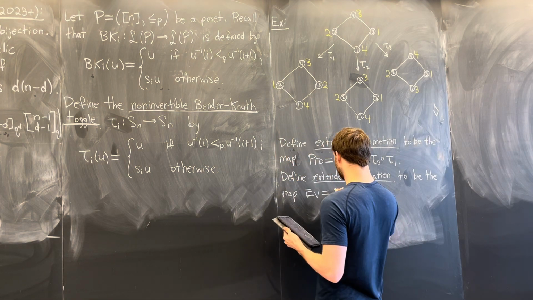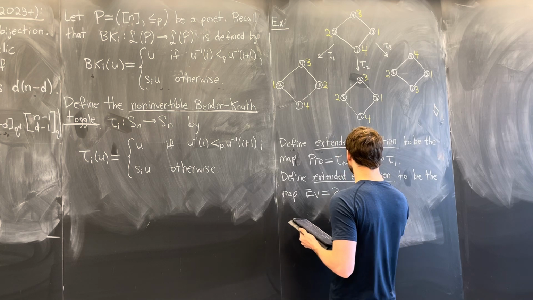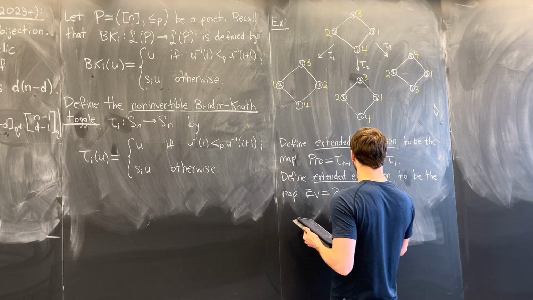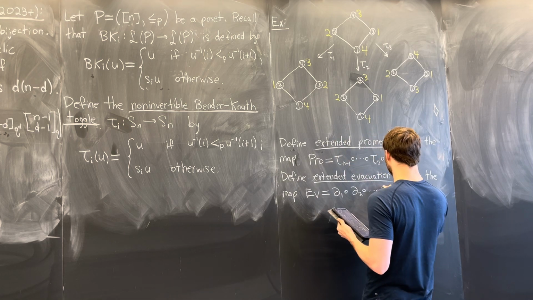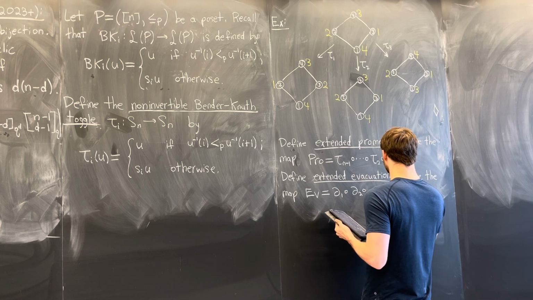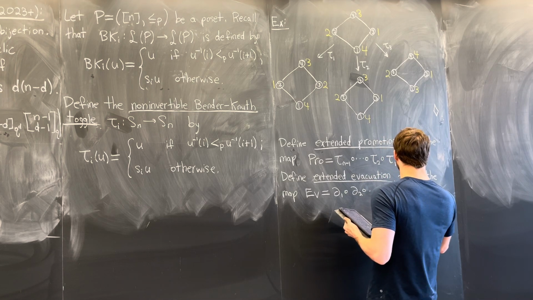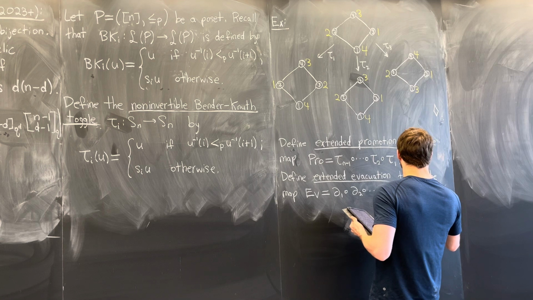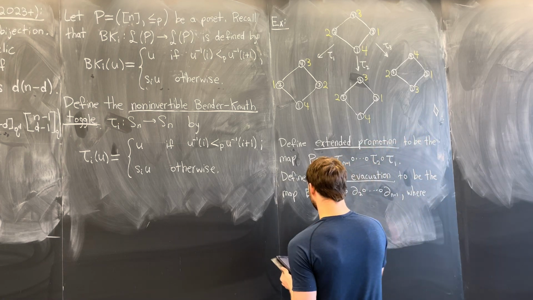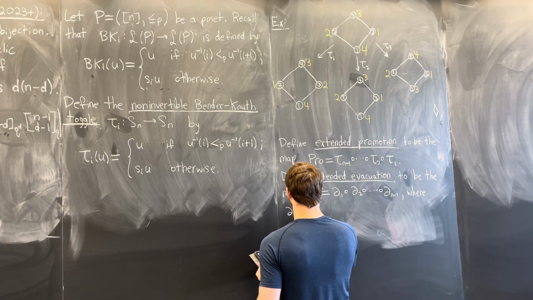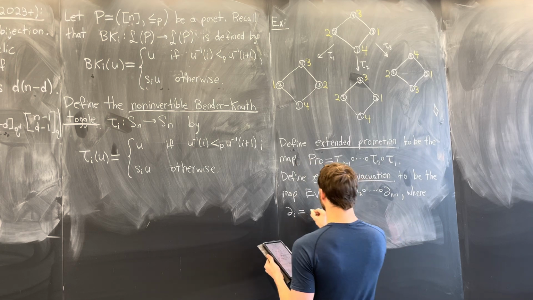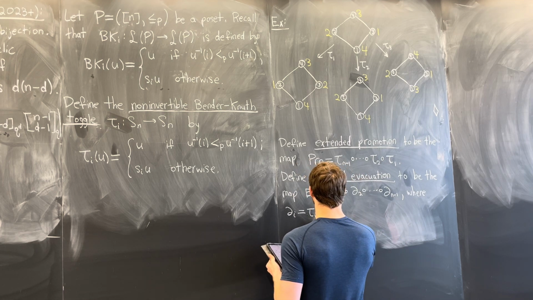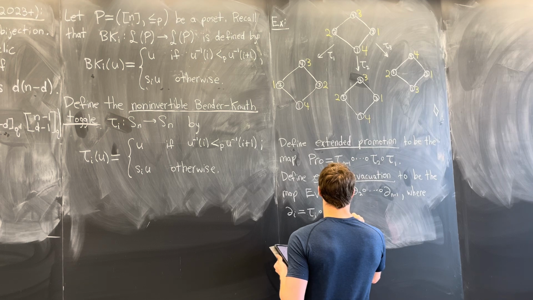This is what you get by doing partial 1, compose partial 2, compose dot dot dot, compose partial n minus 1, where now partial i is the extension of what I had before. So earlier I defined it with the Bender-Knuth involutions, but now I'm just doing it with the toggles instead. Okay.